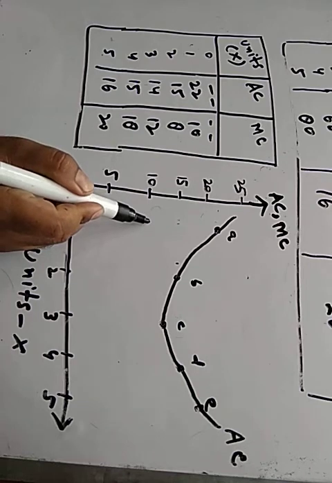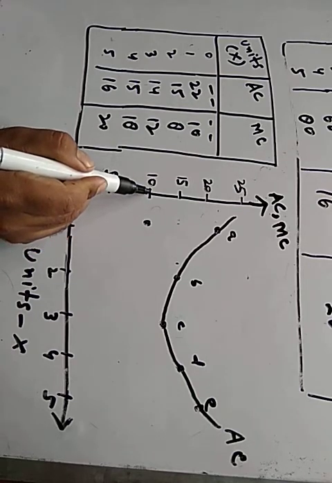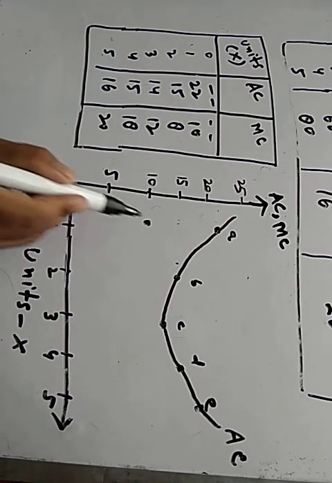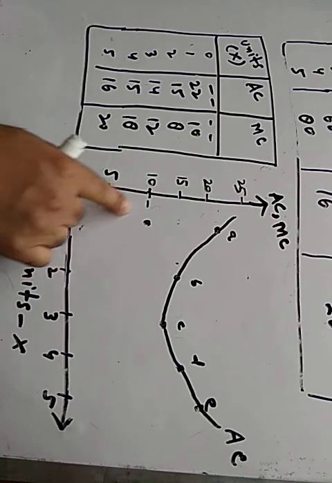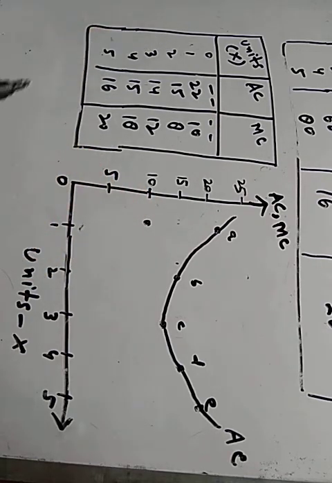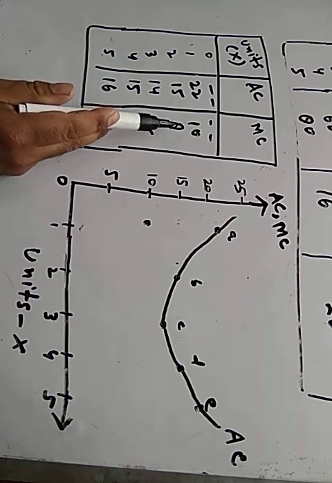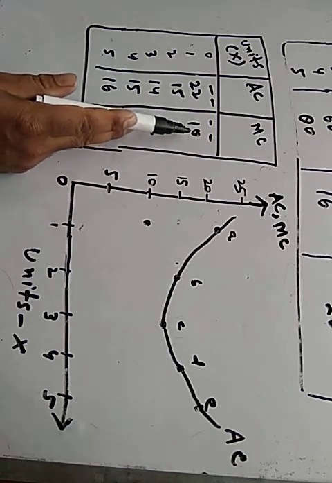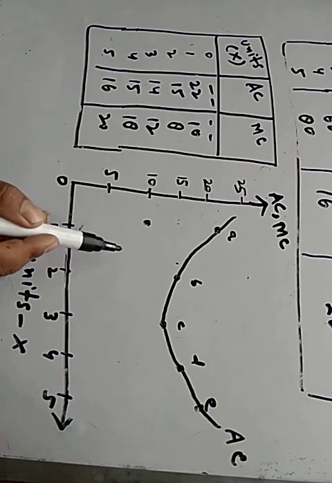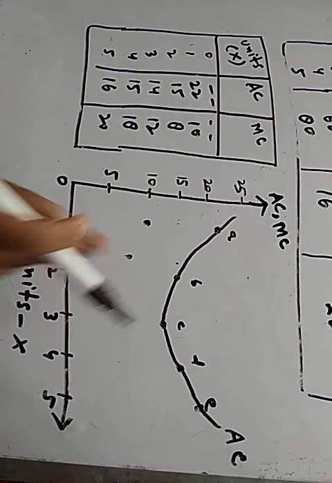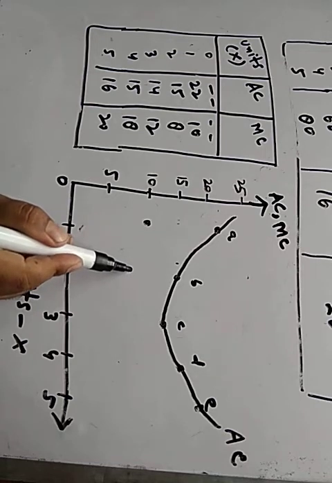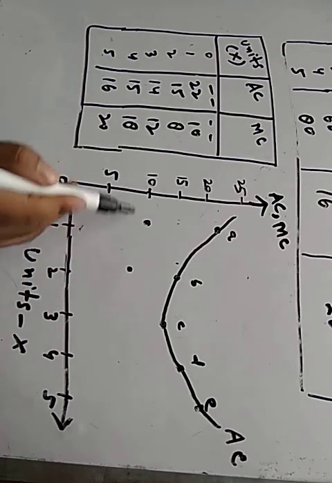Here this is marginal cost equal to 10 rupees and level of output equal to 1 unit. Similarly, when the level of output is 2 units, marginal cost decreases from 10 rupees to 8 rupees. Here it will lie. Level of output is 2 units and marginal cost is 8, this point.